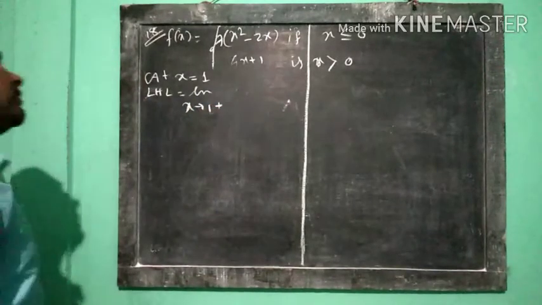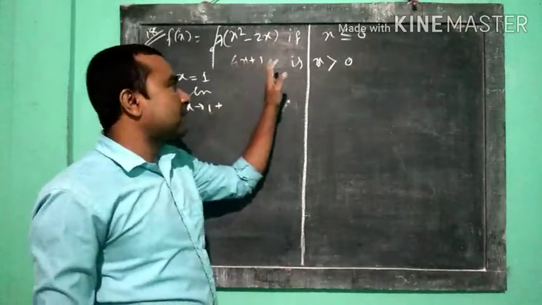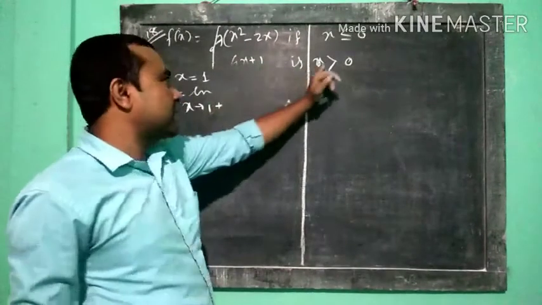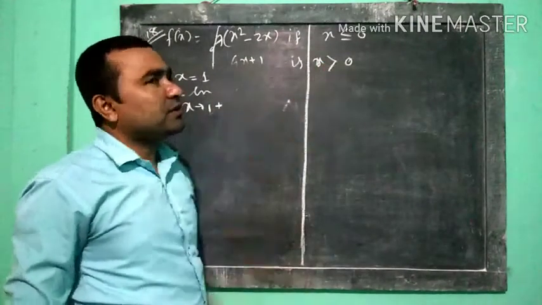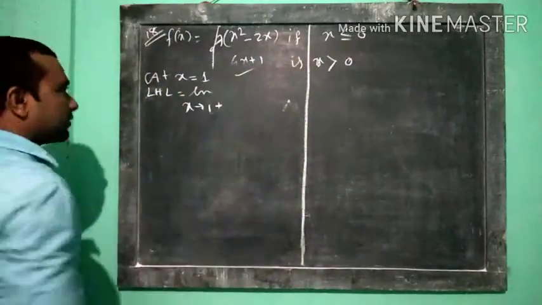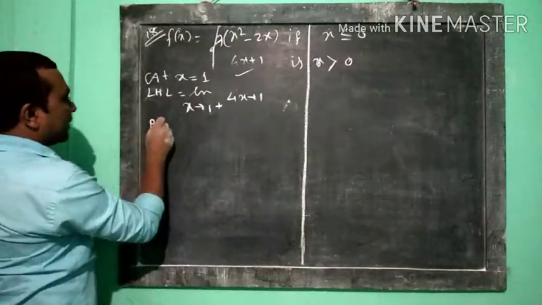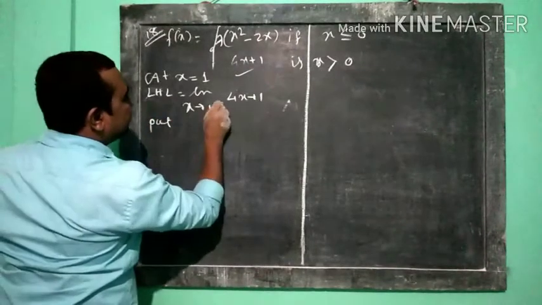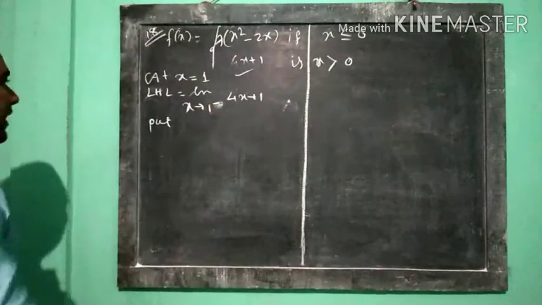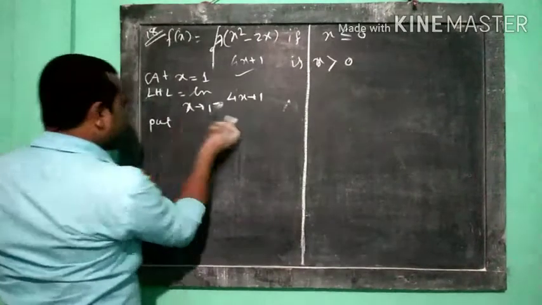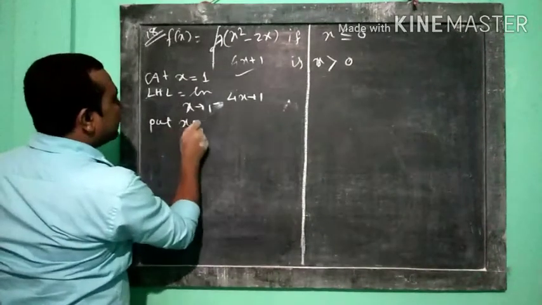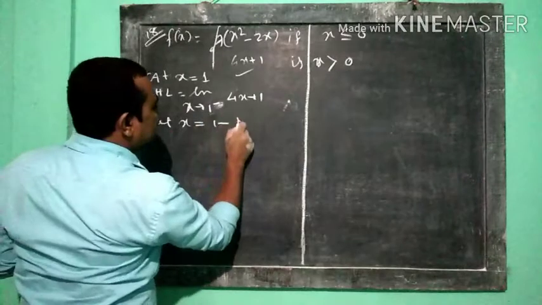It takes the value 4x plus 1, because x is greater than or equal to 0, so this condition is satisfied. Put x equal to 1 minus h.